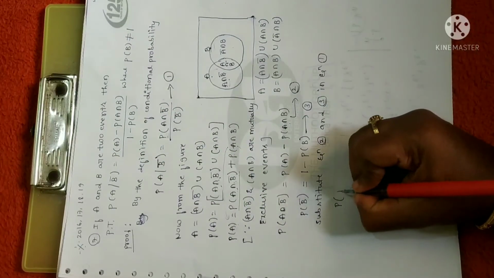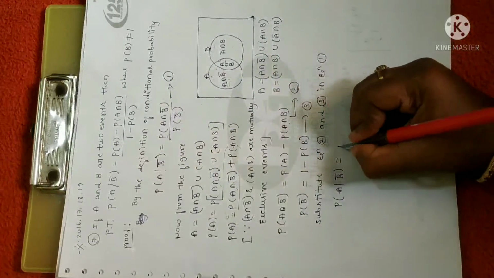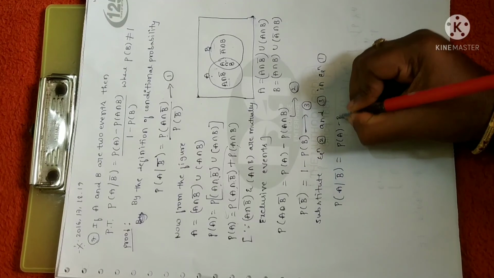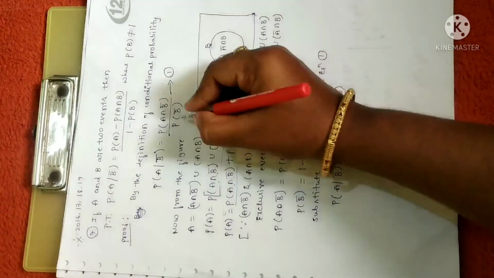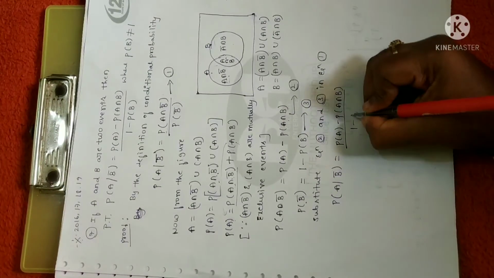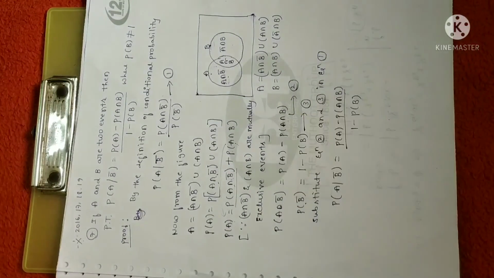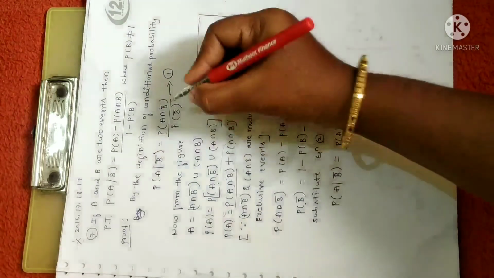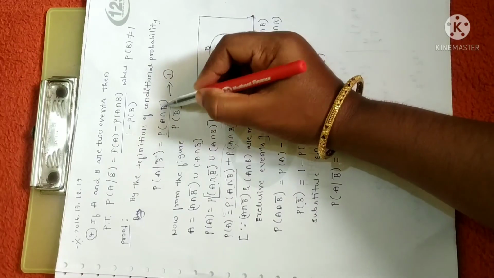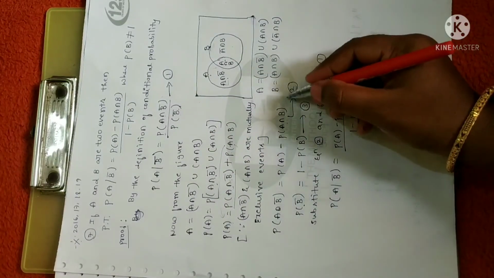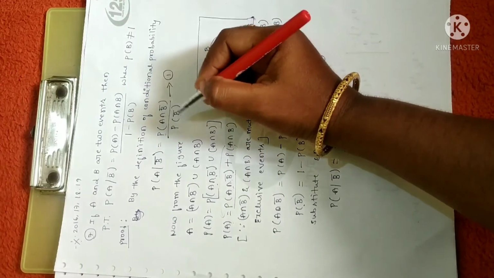You will get probability of A given B bar is equal to P of A intersection B bar, which is P of A minus P of A intersection B, divided by probability of B bar, which is 1 minus P of B. Just substituting the values. I have written the definition of conditional probability, obtained the values of the numerator and denominator, and resubstituted these values in the given definition.